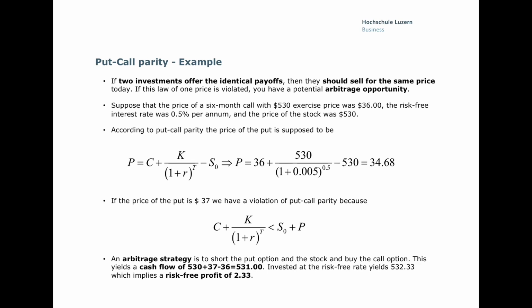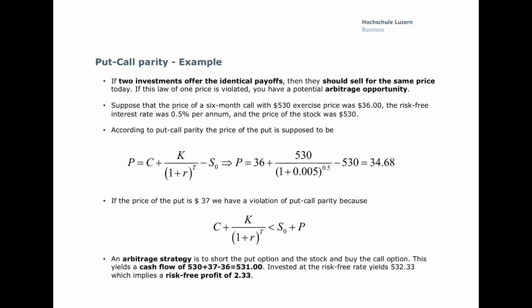The reason for this is that no matter if your stock price increases or decreases, you obtain the stock for a price of $530. For instance, if the stock price at maturity is larger than the exercise price, you will exercise the call and buy one stock for $530 and thus make a risk-free profit of $2.33.